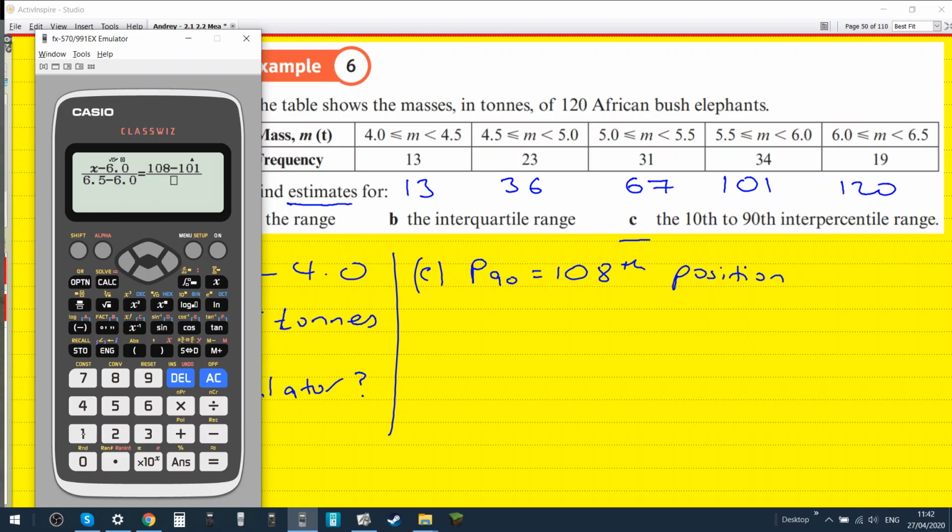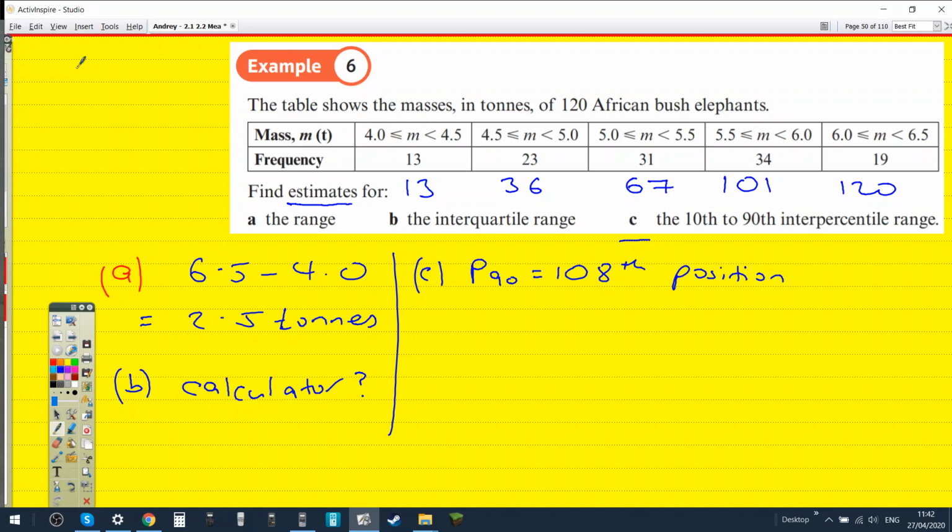Yep. And then, yeah, I think so. And we get 6.18 tons for that one.